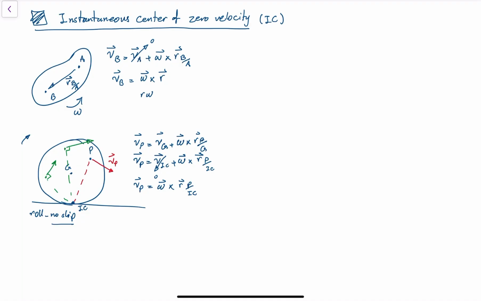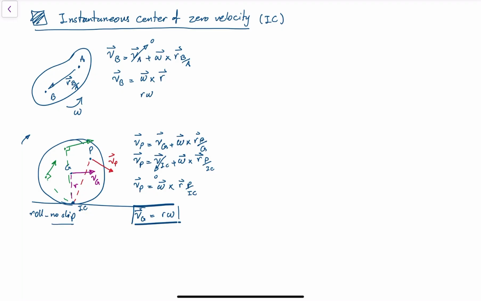One other point on the body is the center, V of G. The distance is r, and using this concept of instantaneous center, we recover that V of G is just r omega, perpendicular to the direction of r, so it is a horizontal velocity. Using this notion, I recovered what we calculated before using Feynman's algorithm.